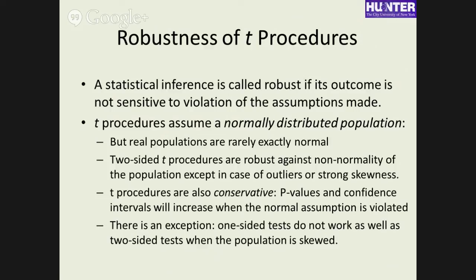They're less robust, but the two-sided ones are very robust. That is, if your assumptions are violated and your population values are not normally distributed, you'll tend to be conservative. Your confidence interval will be larger than it needs to be, or your p-value will be larger.